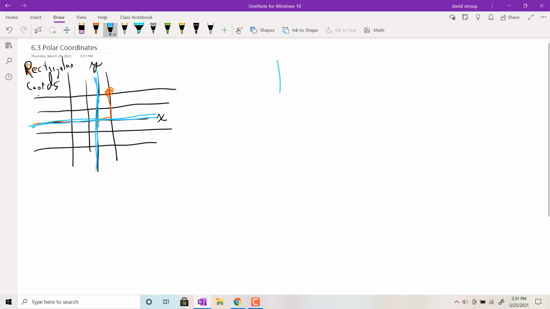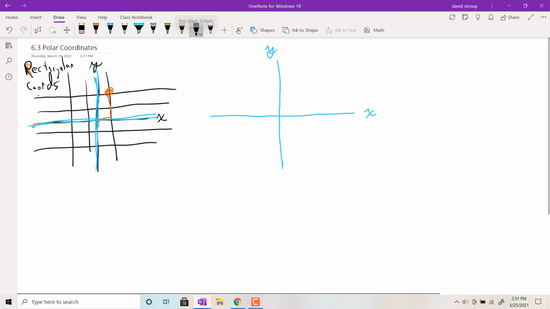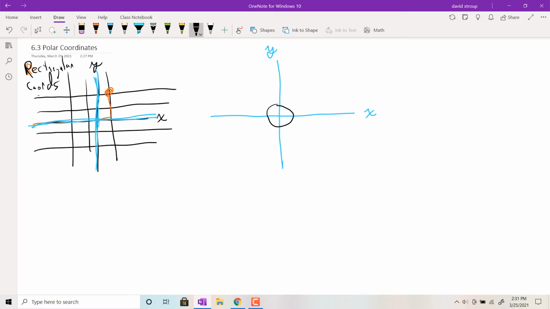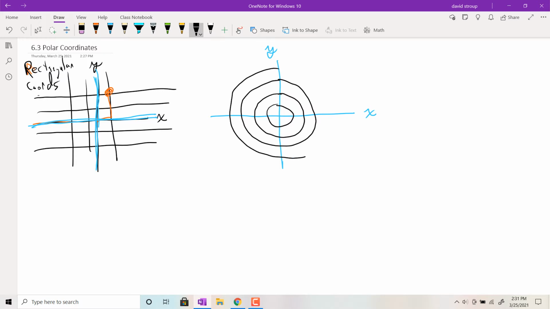Again, we still have the x and y axes, but now instead of using a grid, we're using circles and what they call radial lines, which look a lot like the lines we use to count around the unit circle. This is our new picture, and we can put these little radial lines through here.